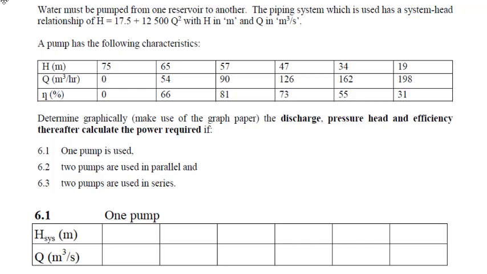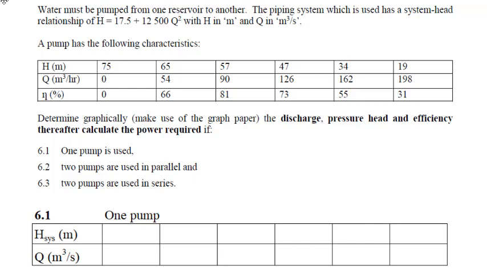Water must be pumped from one reservoir to another. It reads, the piping system which is used has a system head relationship of H equals 17.5 plus 12,500 times Q squared, with H the head in meters and Q the discharge in meters cubed per second.